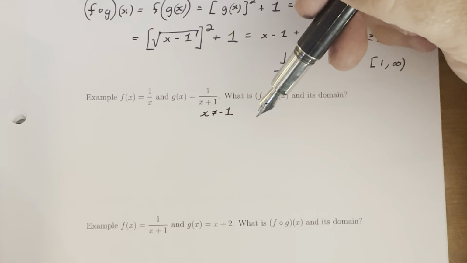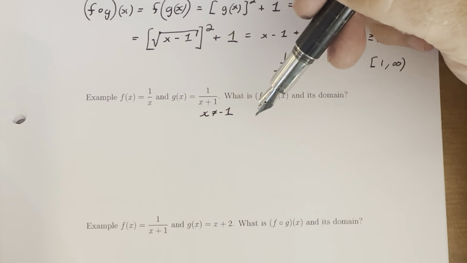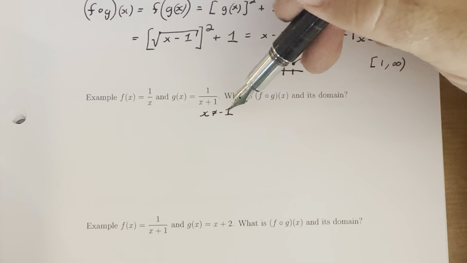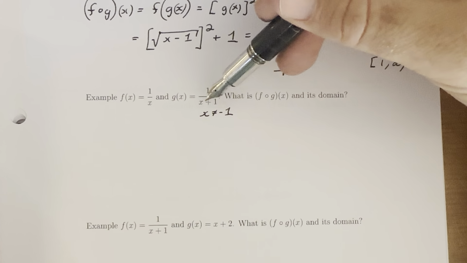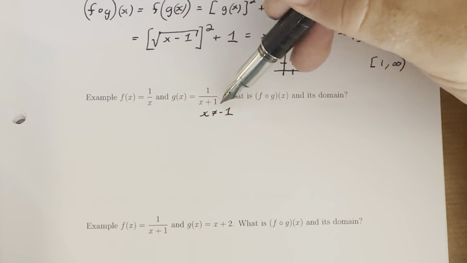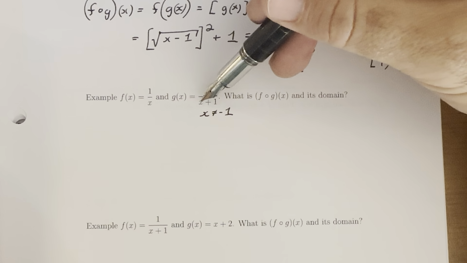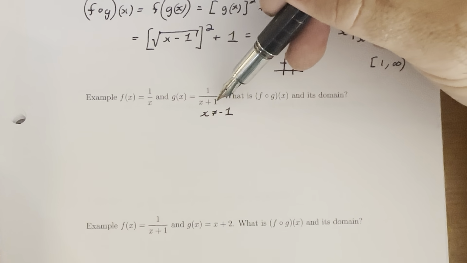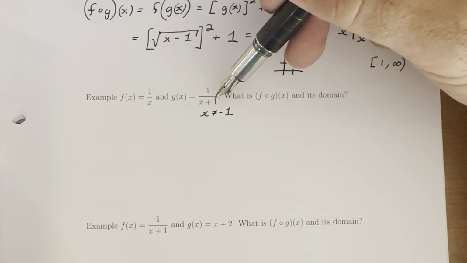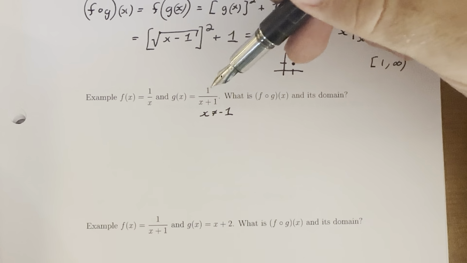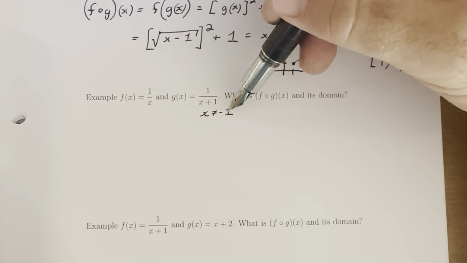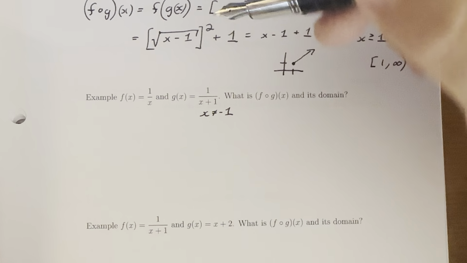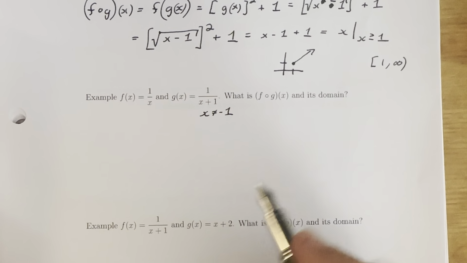Pause the video and ask yourself that question and see if you can answer it yourself. The reason x cannot be -1 is because if x is -1, then I'm dividing by 0. But note that if x equals 0, I'm dividing by 1. I can divide by 1 all day long. It doesn't matter, right? So x equals 0 is fine. X equals -1 is not. So that's our domain restriction going in.